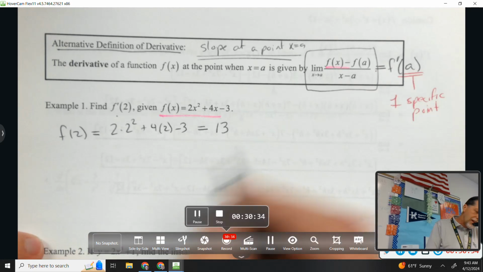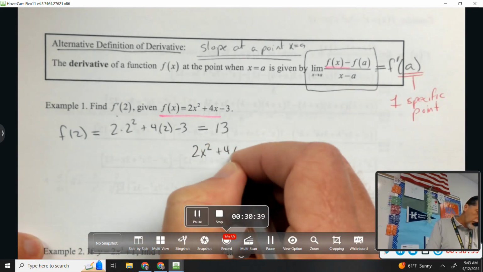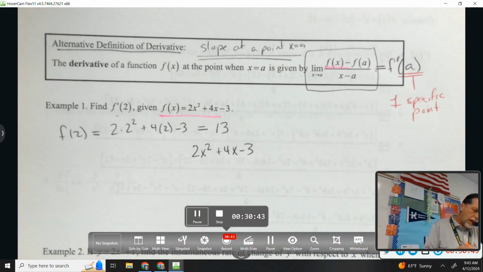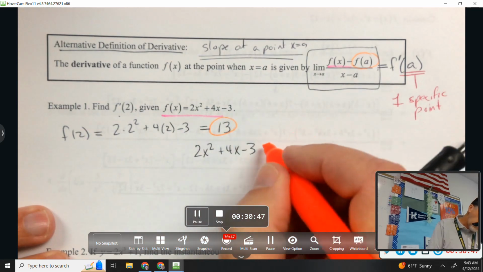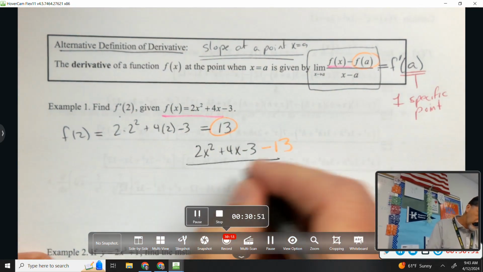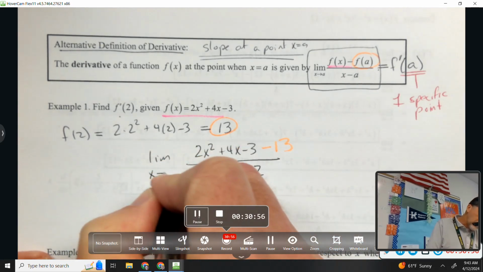So f of x is 2x squared plus 4x minus 3. F of a, in this case a is 2, minus 13, all over x minus 2. The limit as x approaches 2.